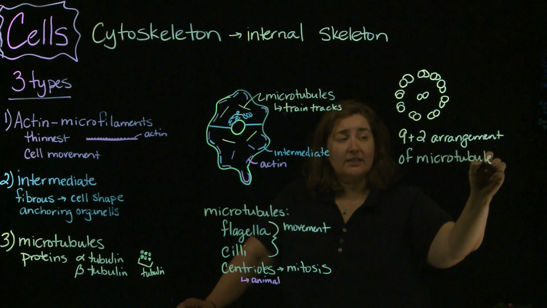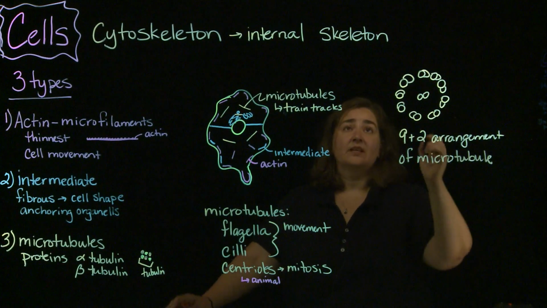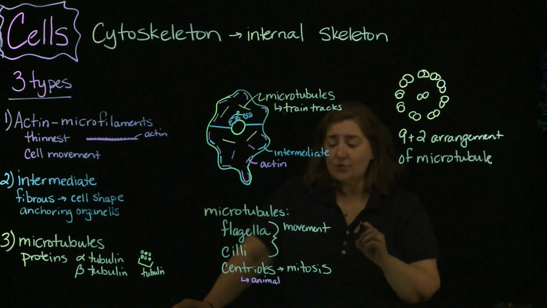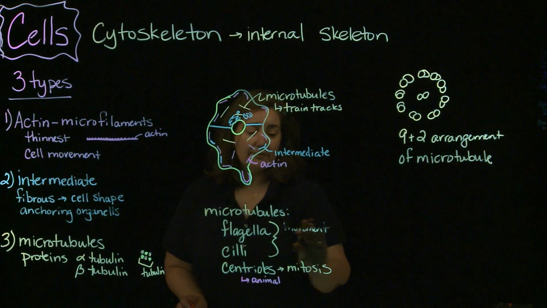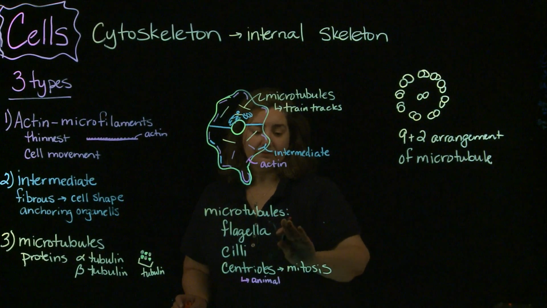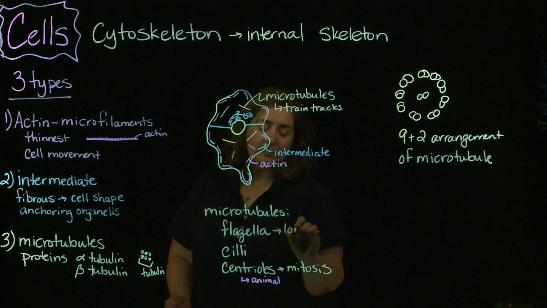And what you're looking at is kind of a cross section. So the main difference that we're talking about between flagella and cilia, if I erase this or smear it around, flagella are going to be longer.